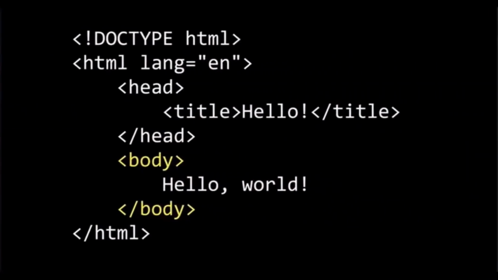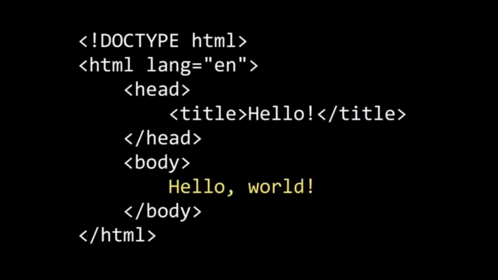After that we have the body, and the body is going to contain everything that the web browser is going to display. As we are going to explore later, the different tags like the table, the list, the images, and everything we want a user to see will be contained between the opening tag of the body and the closing tag of the body.